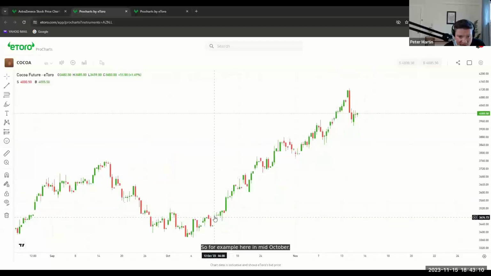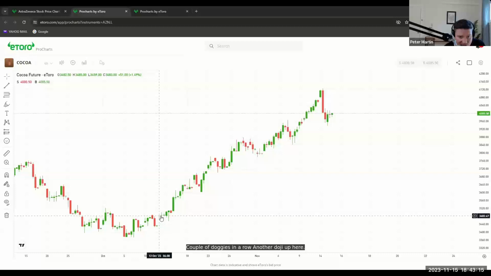So, for example, here in mid-October, a couple of dojis in a row, another doji up here. And I'm just trying to see if I can spot a harami anywhere.